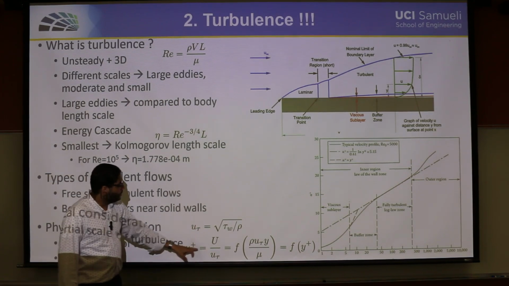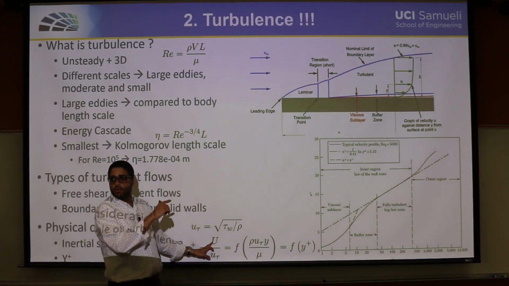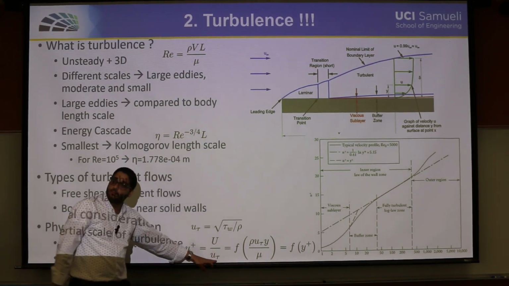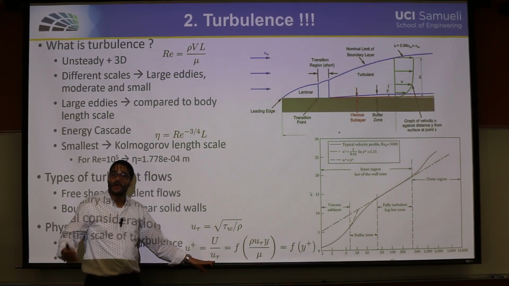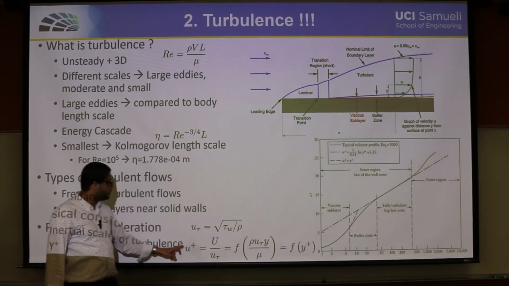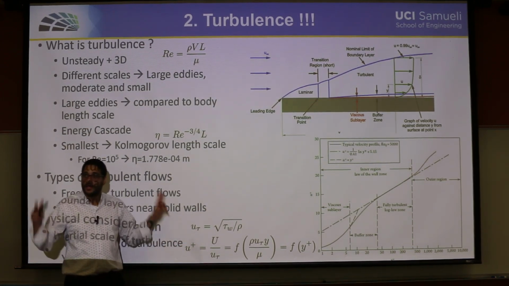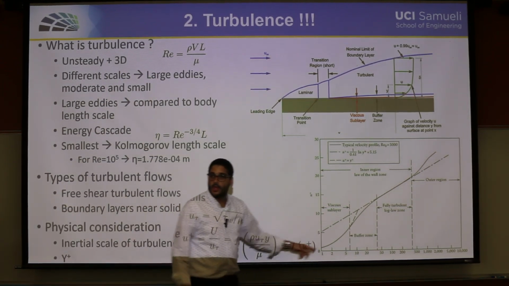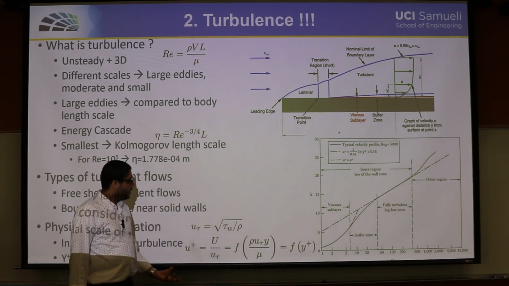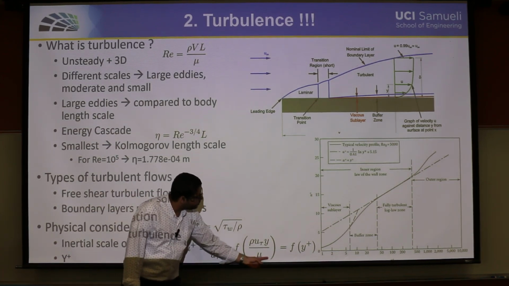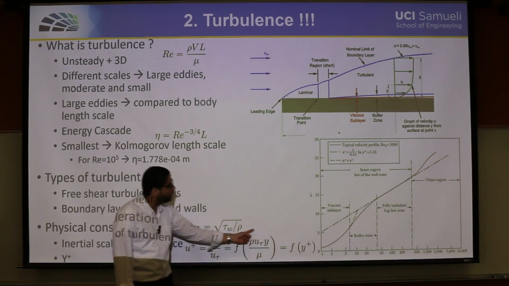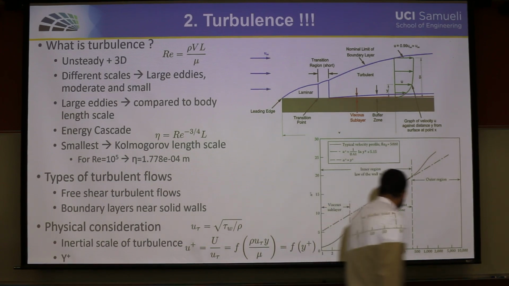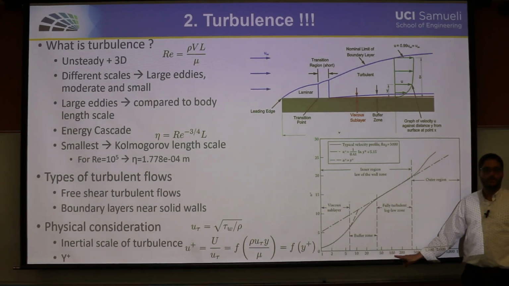And then you take your velocity, your u infinity or your maximum velocity, divided by u tau, and you get a non-dimensional velocity. It's noted as u plus. It turned out that this u plus, which is the y-axis, could be approximated as a function of a non-dimensional value, which is the x-axis, called the y plus.